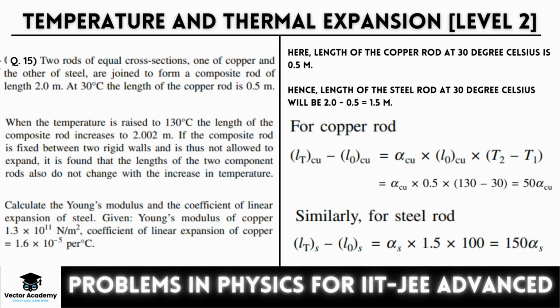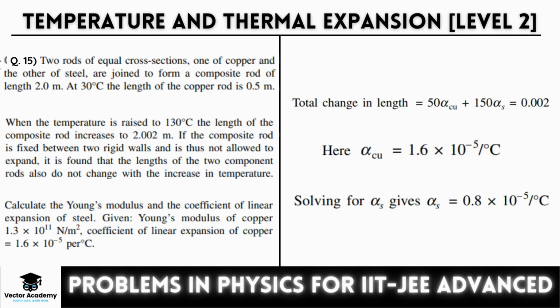Putting values we get change in length for steel equals 150 into alpha S. Total change in length equals 50 alpha Cu plus 150 alpha S. Here, alpha Cu equals 1.6 into 10 to the power of -5 per degree Celsius. Solving for alpha S gives coefficient of linear expansion of steel alpha S equals 0.8 into 10 to the power of -5 per degree Celsius.